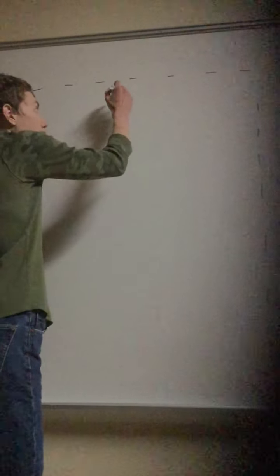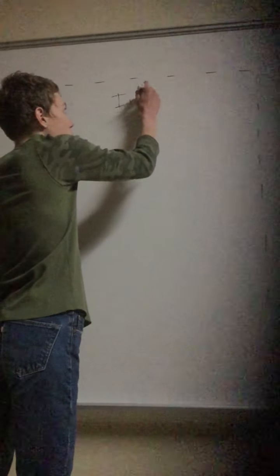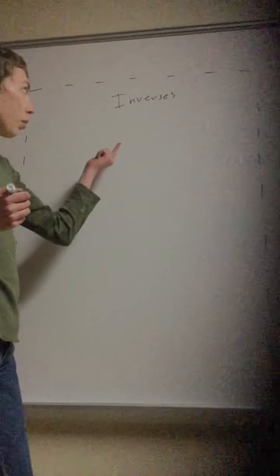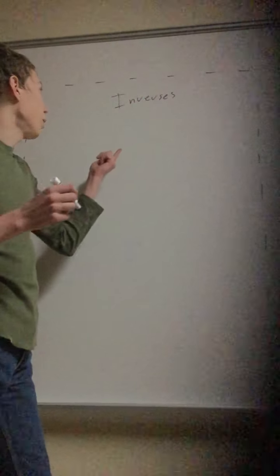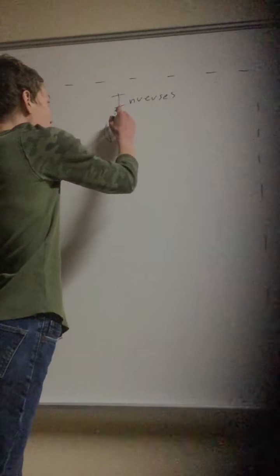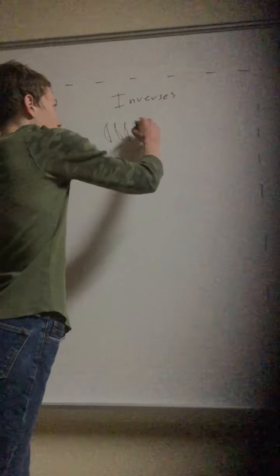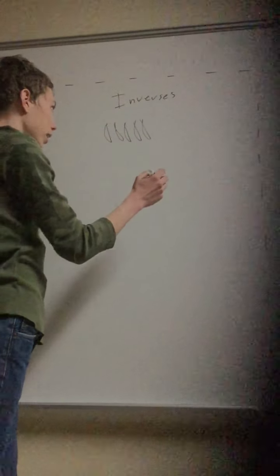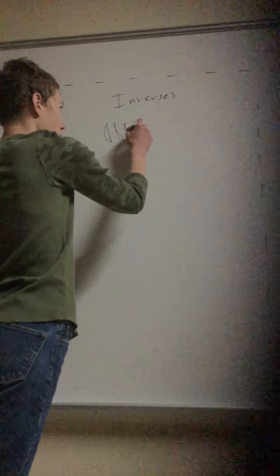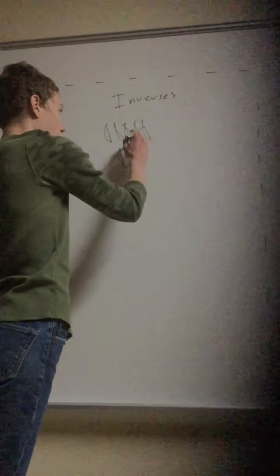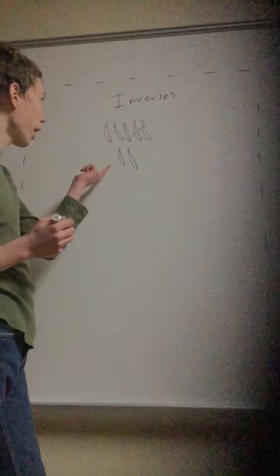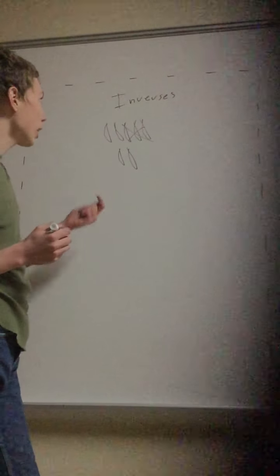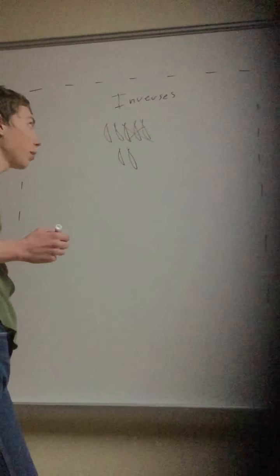The next idea is inverses. The idea of an inverse is basically just taking the opposite of all those operations. So if you have 5 bananas, then the opposite of adding 3 is taking away 3. And this is really all there is to subtraction. But the thing to remember is that subtraction is really the opposite of addition.